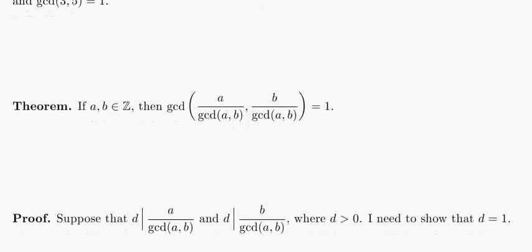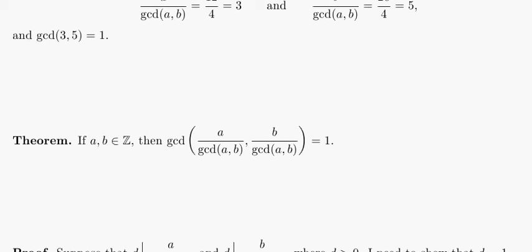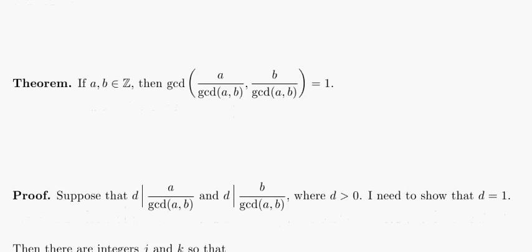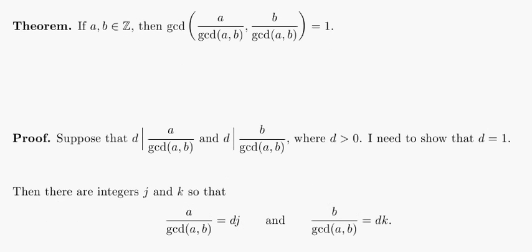So let's prove it. Let's first suppose that d divides the first term, a over GCD(a, b), and suppose also that d divides the second term, b over GCD(a, b), where d is a positive divisor. I need to show that the only way that's possible is if d is equal to 1. Okay, to do so, let's look at the definition.